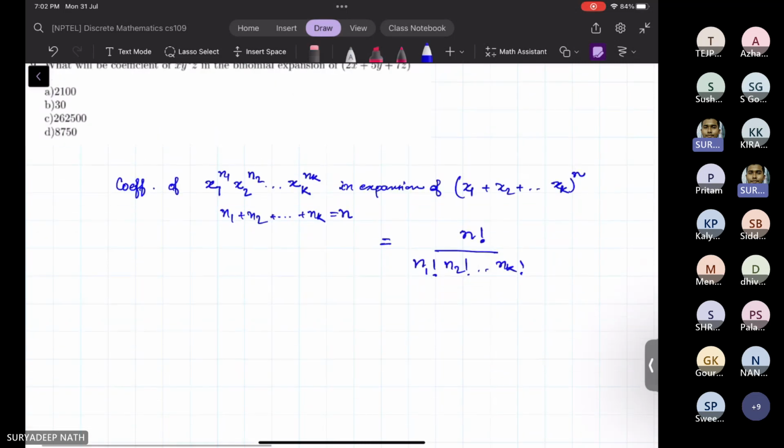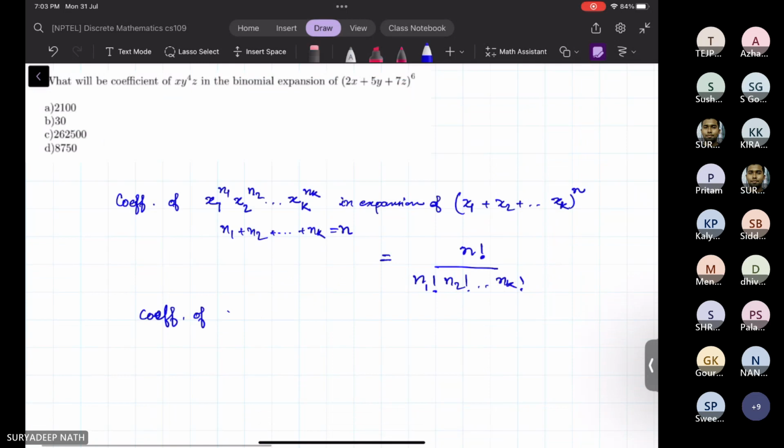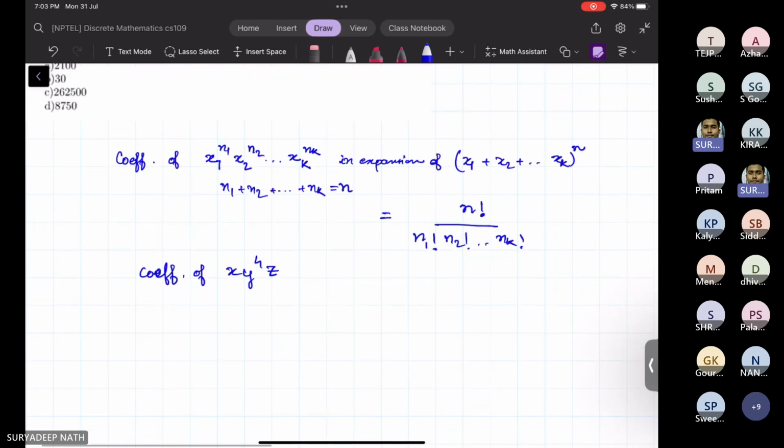So for our case, we have to find the coefficient of x y^4 z. Here we say n1 is 1, n2 is 4, and n3 is 1.